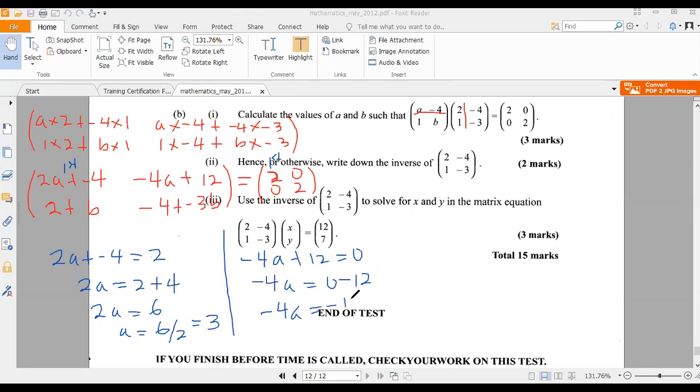So A is equal to negative 12 over negative 4. And we're supposed to get the same answer as before, because all the A's have to have the same value, which is positive 3.